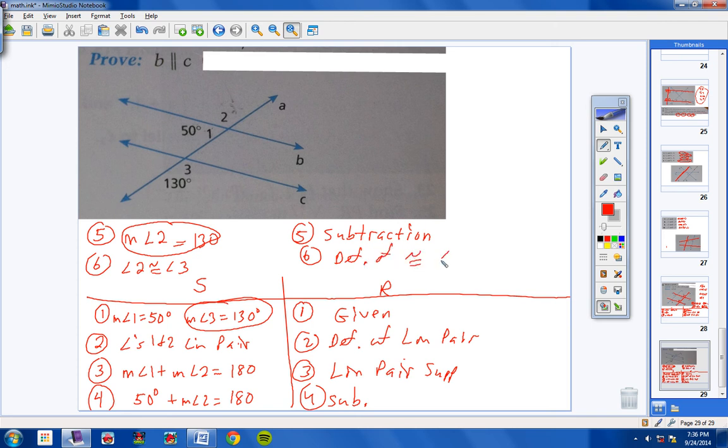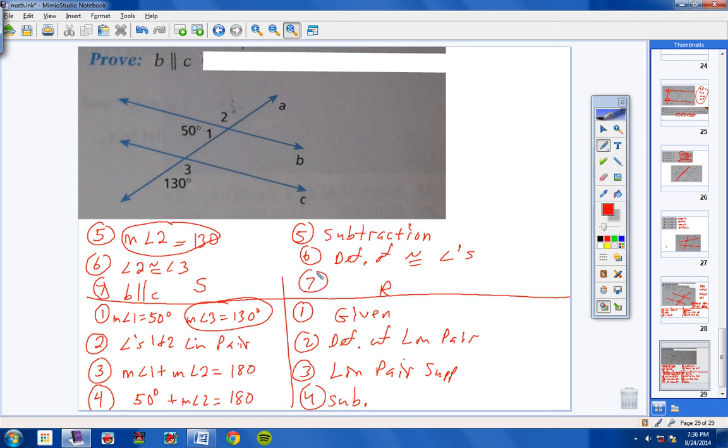Remember, students, if two angles are equal, if they have the same measure, then they're congruent. So as soon as I state that angle 2 is 130 and angle 3 is 130, then I can state they're congruent, okay?